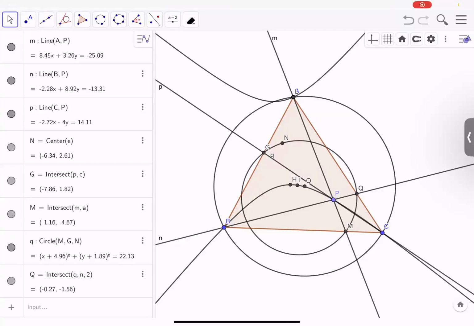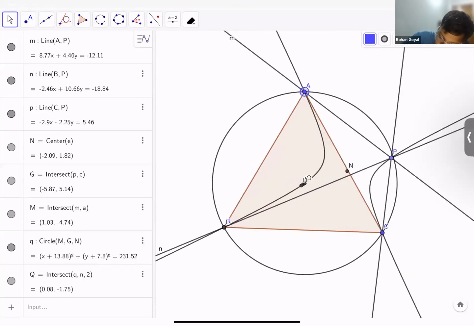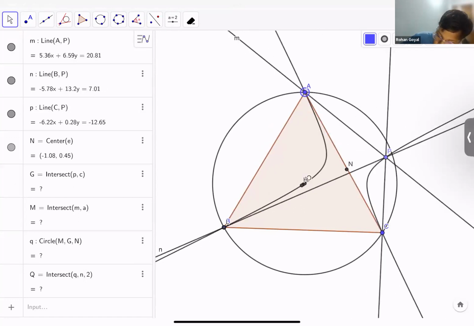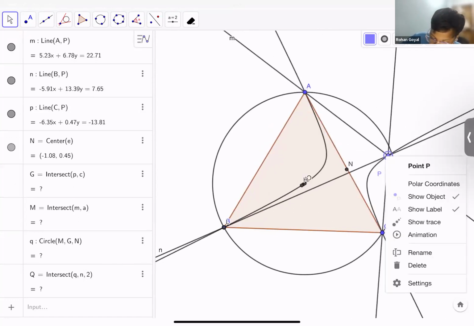Okay. So this is the isogonal conjugate of what line? OI. OI, good. But observe that I should do something so that, okay, this is what happened now.